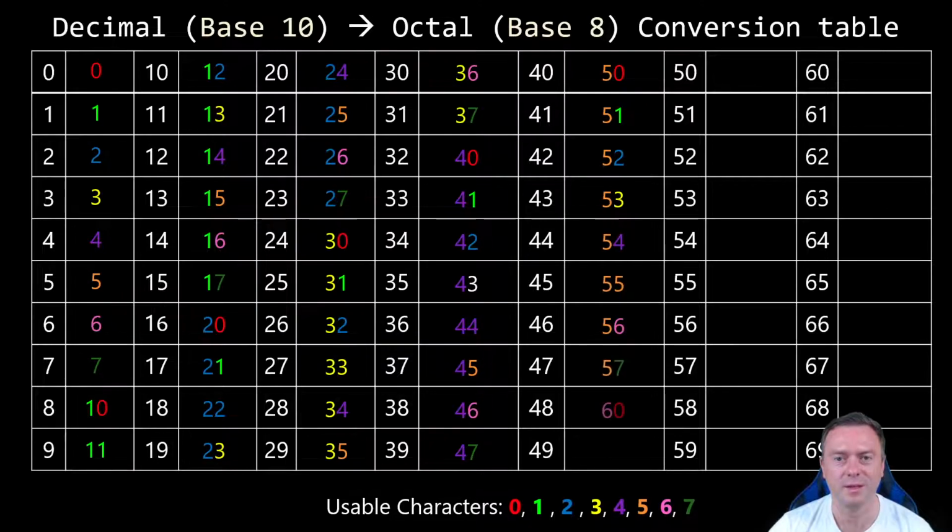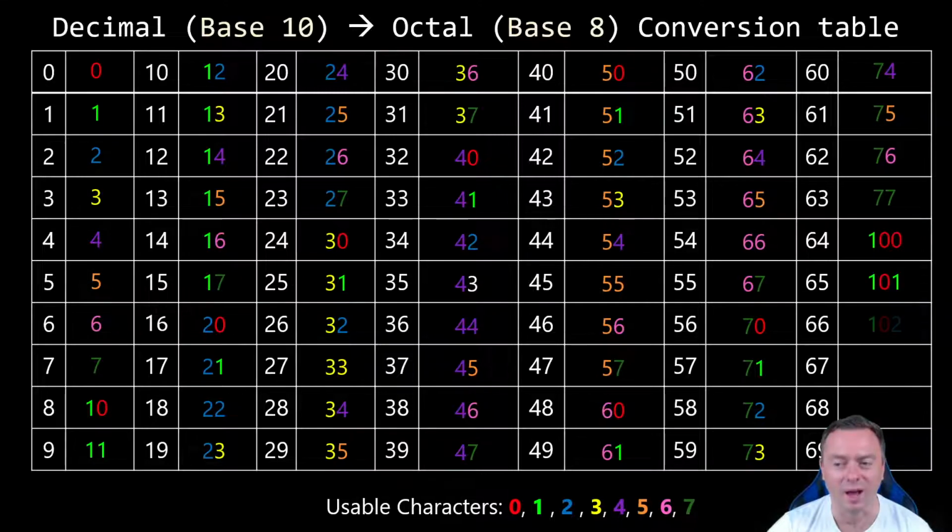So 40 in base 10 is 50 in octal. 51, 52, 53, 54, 55, 56, 57, 60, 61, 62, 63, 64, 65, 66, 67, 70. So 7 8s is 56. 71, 72, 73, 74, 75, 76, 77, 100.